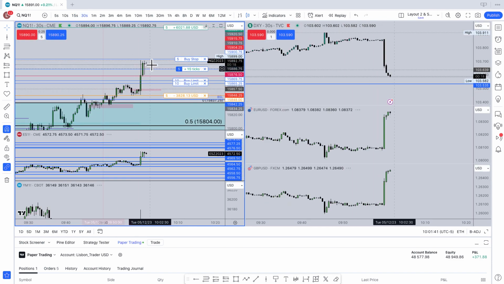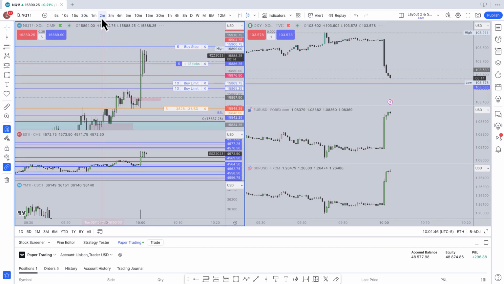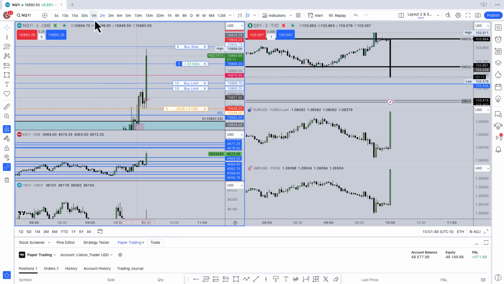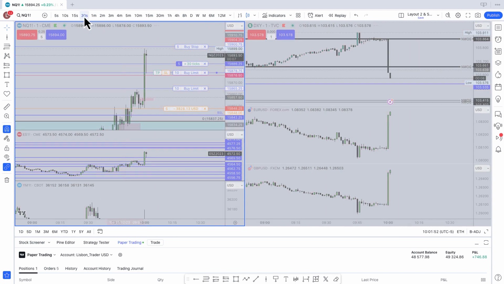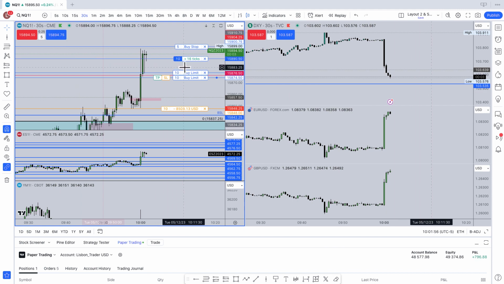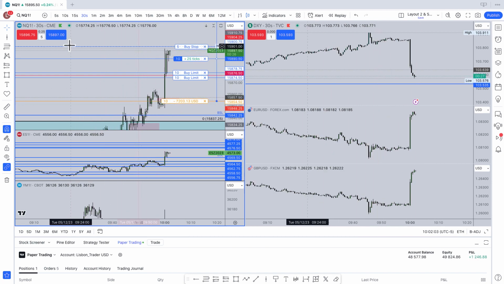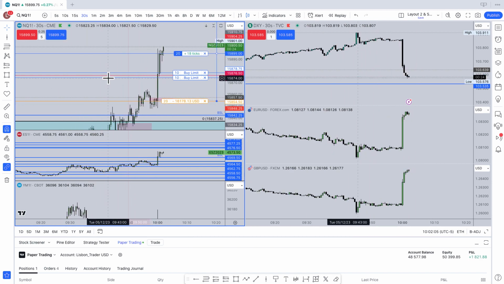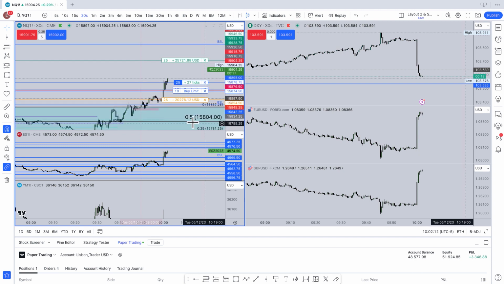So 30 seconds down. The silver bullet, it's there on a 1 minute. So let's do like this. Should not reach below here. Okay, not going back for this one.